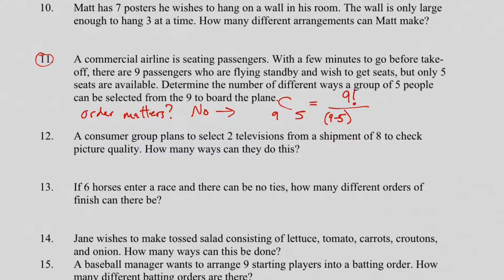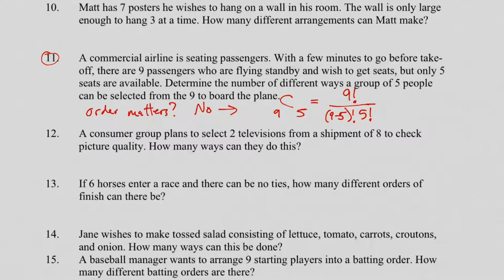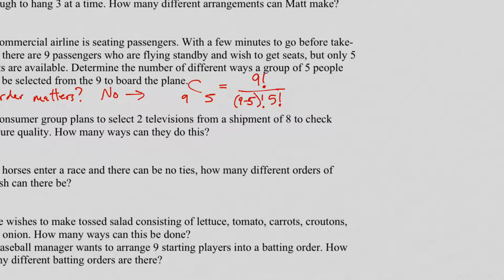So we got to get rid of the 4 that we don't need. And then I got duplicates right there. Okay, then we have, so this is 4 factorial.